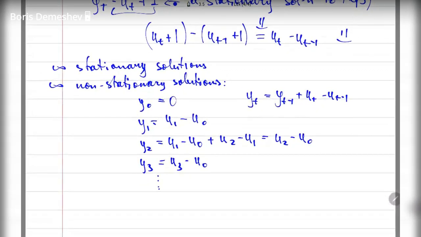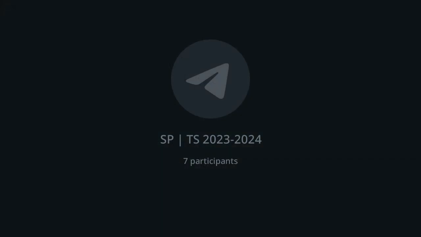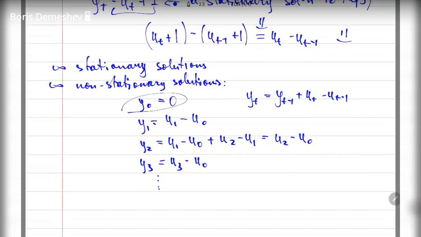Why is this solution non-stationary? If I start with 0, why is this solution non-stationary? You can tell me.